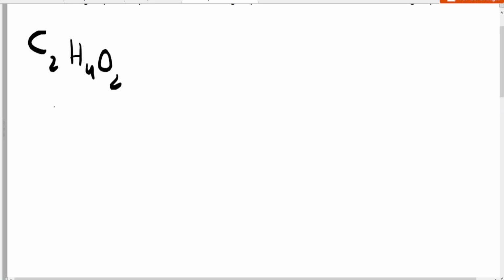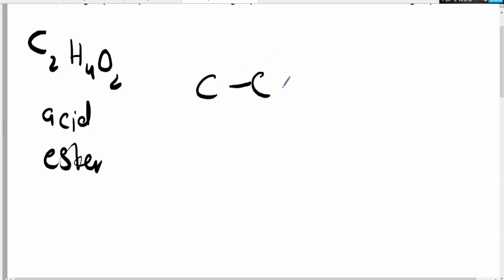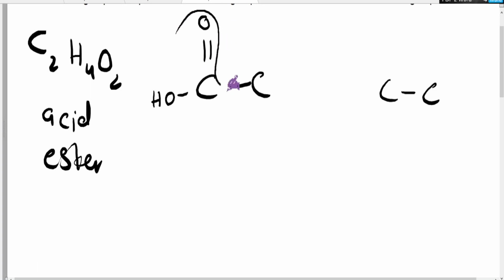I can have, let's see, can I have an acid, carboxylic acid? Can I have an ester or a carboxylic acid? Let's see. Well, two carbon atoms, and then double bond O, and then an OH. That is one carboxylic acid group, and I would then place hydrogens on this carbon atom, right?